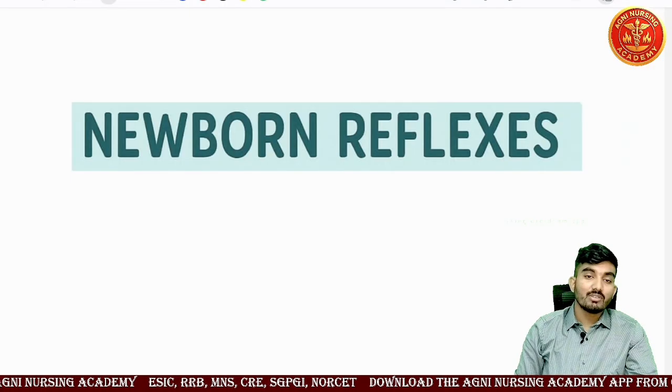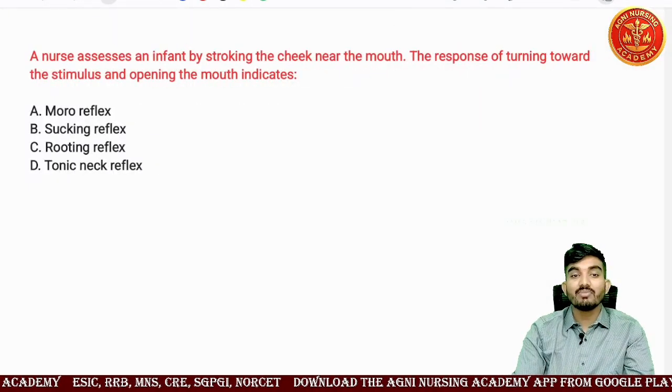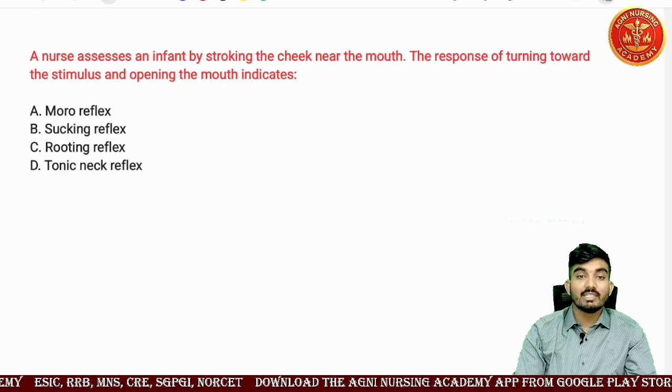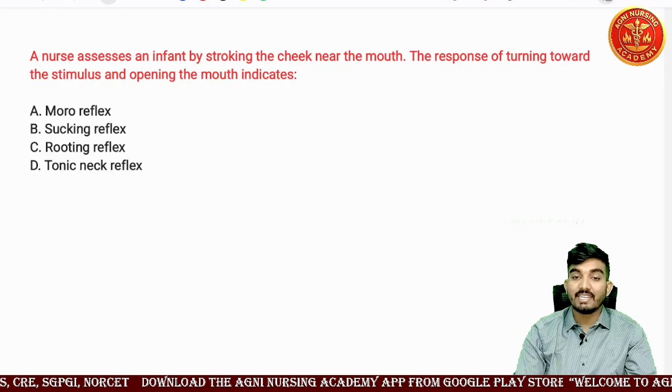The first question on your display: a nurse assesses an infant by stroking the cheek near the mouth. The response of turning towards the stimulus and opening the mouth indicates.